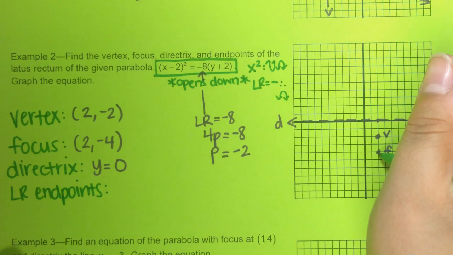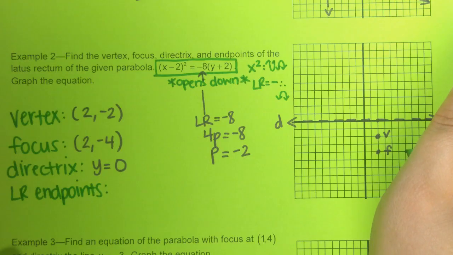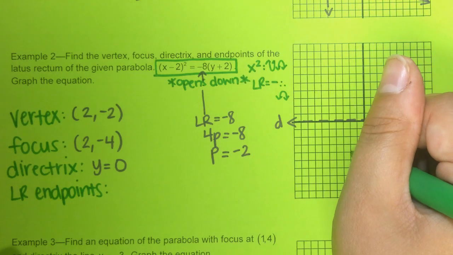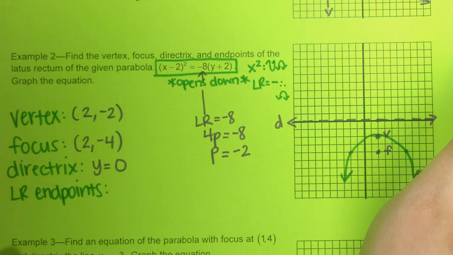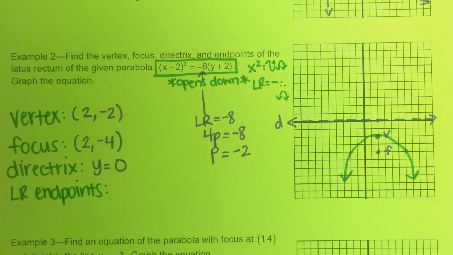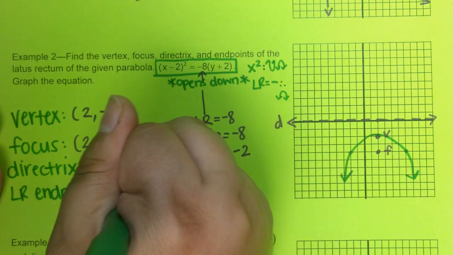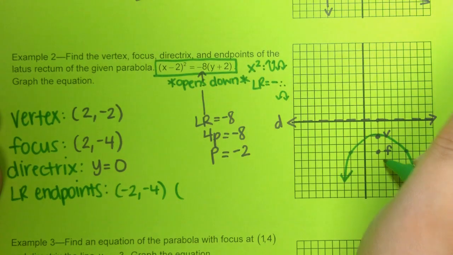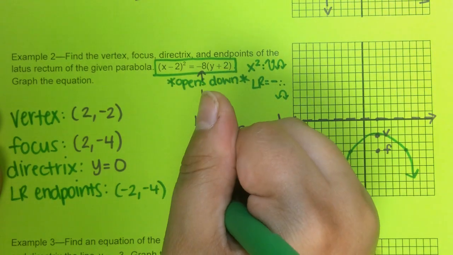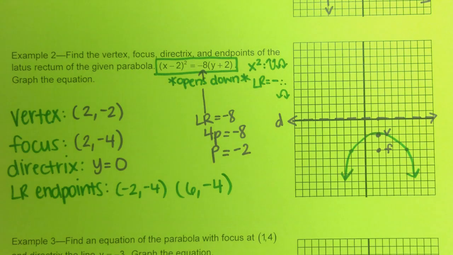So start at the focus and go right 1, 2, 3, 4, left 1, 2, 3, because I want it to be 8 total wide at the focus. What points are those at? And there's my answer.